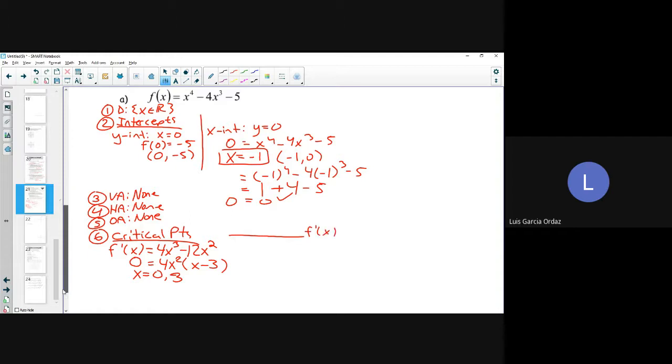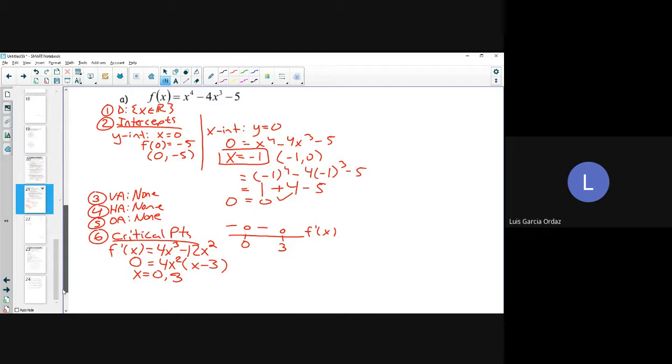So I know that at 0, my graph is 0. My rate of change is 0, which means either max or min. And at 3, I have another 0, which means I'm either at a max or a min. If I plug in a number that's less than 0, like negative 1, I get an interval of decrease. If I plug in a number from 0 to 3 in my derivative, I also get an interval of decrease.